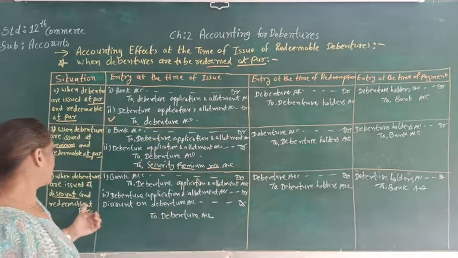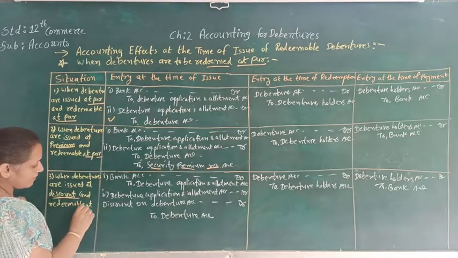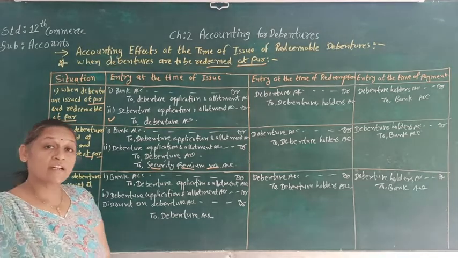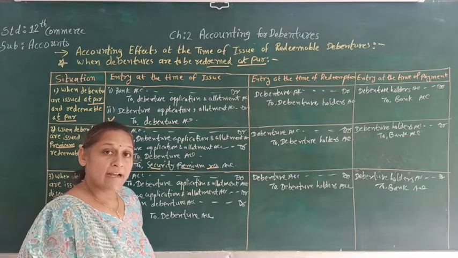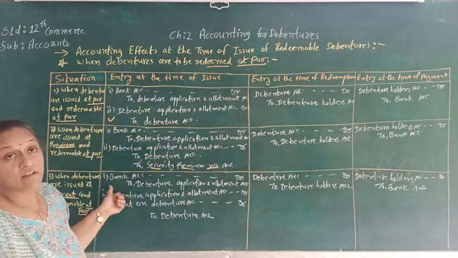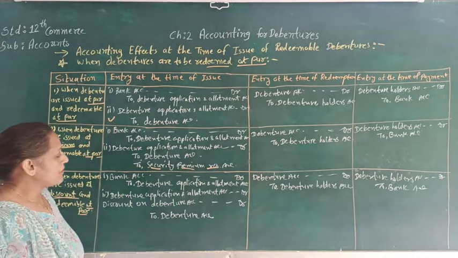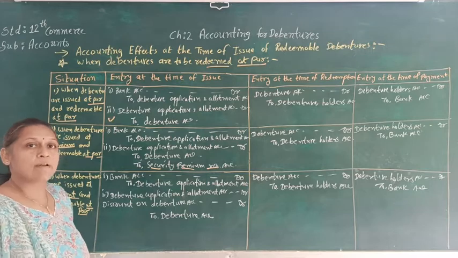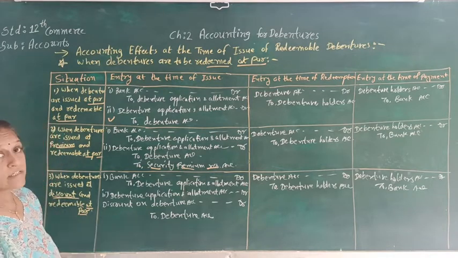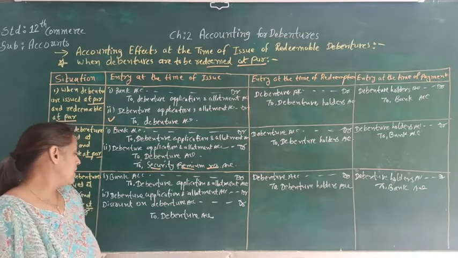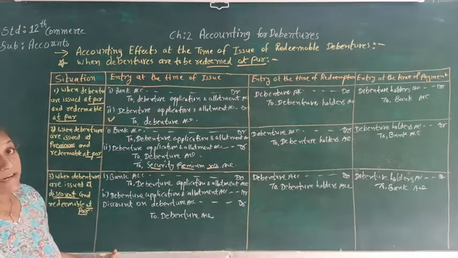The third situation is when the debentures are issued at a discount and redeemable at par. So here we are redeeming at par the debentures which were issued at discount. The journal entry at the time of issue will be: bank account debit to debenture application and allotment account, and the second journal entry will be: debenture application and allotment account and discount on debenture account debit to debenture account.